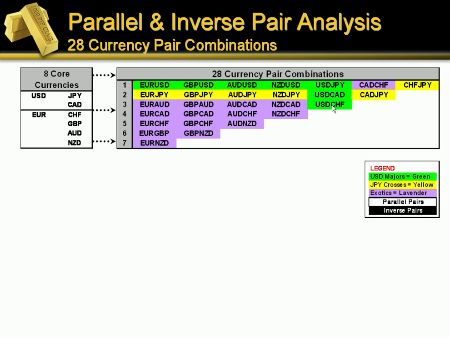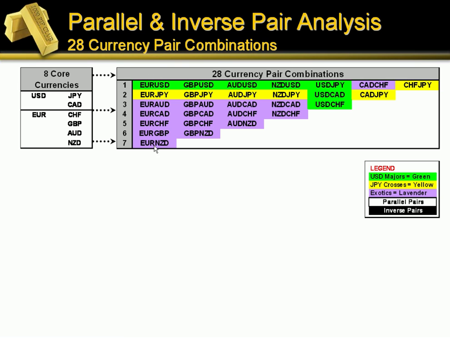Start mastering the majors, then kind of start going into the yen crosses, and then graduating into your exotics. You'll notice all the majors are in green, the yen crosses are in yellow, and in lavender I have the exotics. Okay.